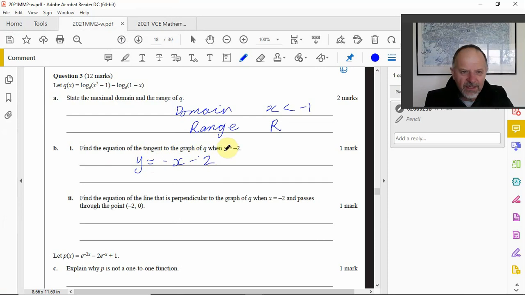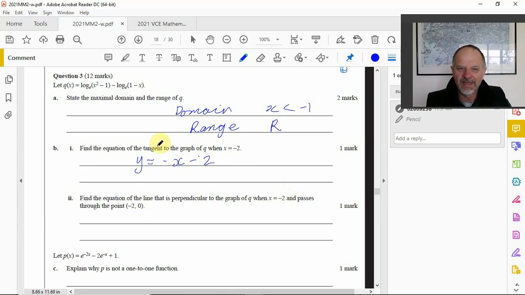All right, then the next part. Find the equation of the line that is perpendicular to the graph of q when x is equal to negative 2 and passes through the point negative 2, 0. What we know here is that it's perpendicular to the graph.